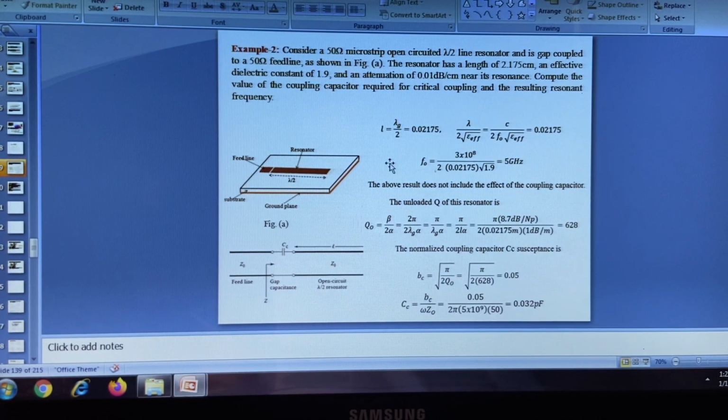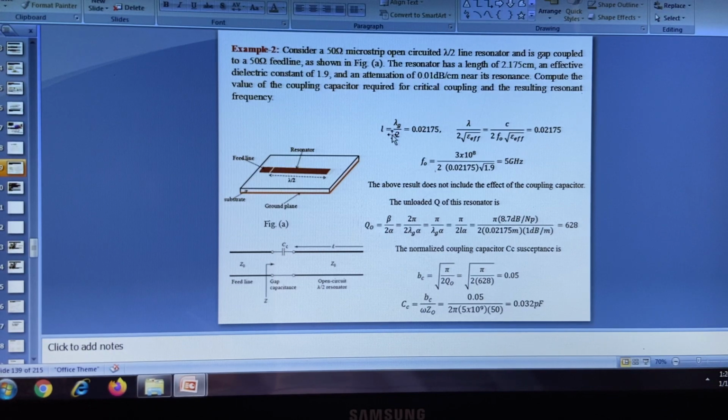To do this problem, you can use the given length of the resonator. We can calculate the resonant frequency because the length of the line is equal to lambda by 2, that is lambda g by 2. Lambda g is lambda divided by the square root of effective permittivity, and lambda is c by f naught.